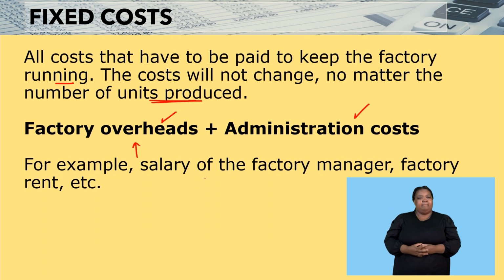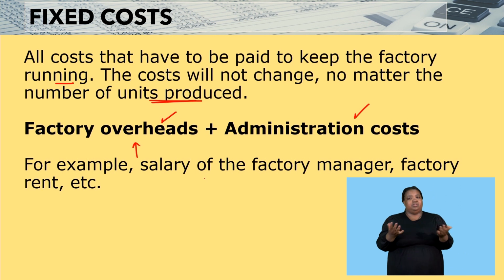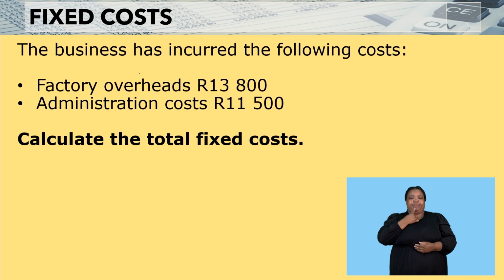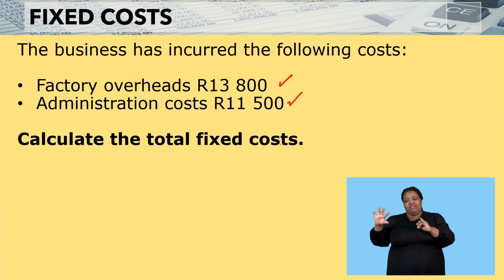I'm going to come now to a question where we're going to do some calculations. It says, the business has incurred the following costs: factory overheads, 13,800, administration costs, 11,500. Calculate the total fixed costs.